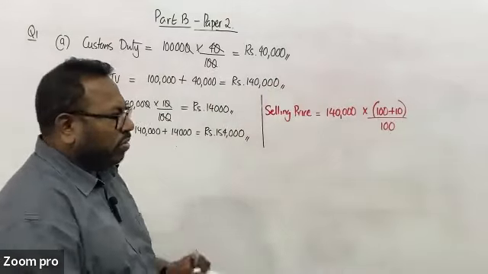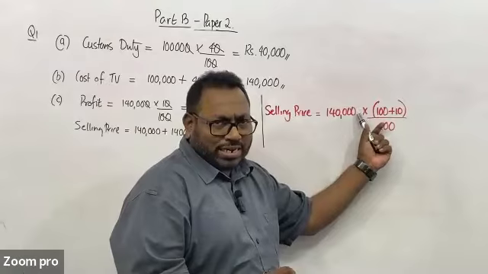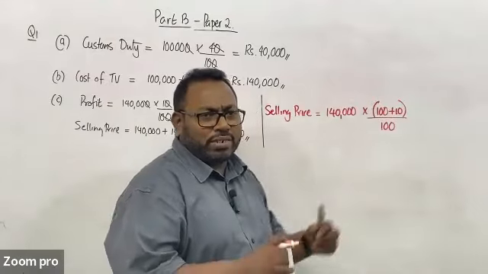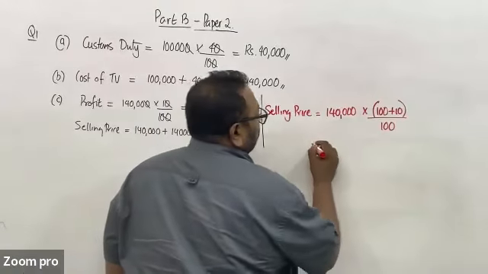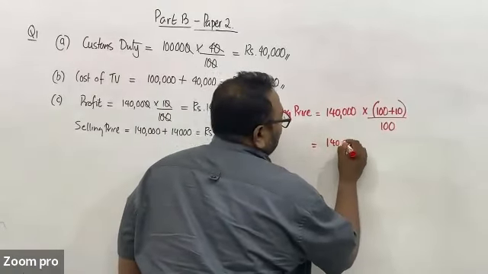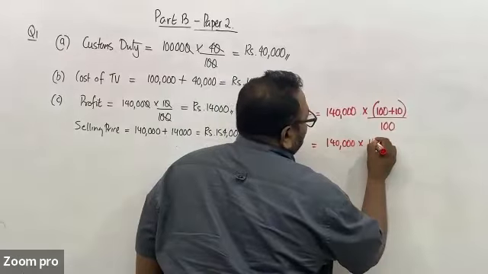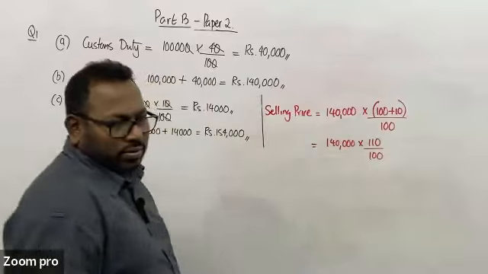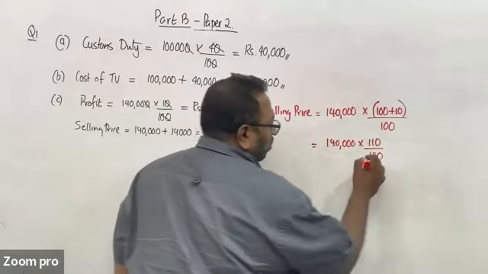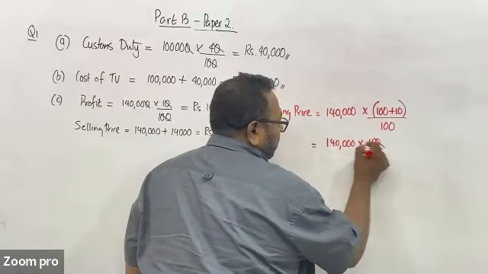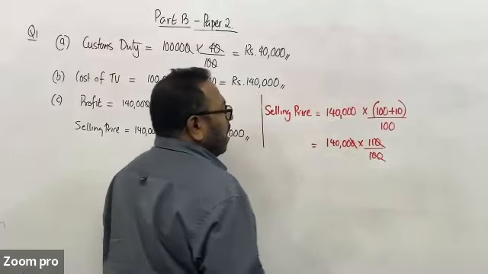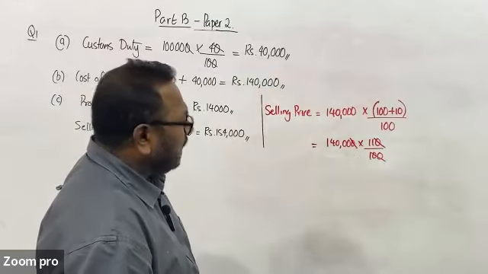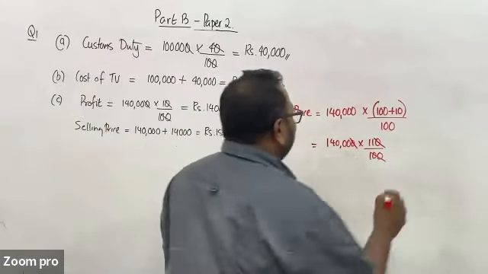Okay. So your cost is 100. You're adding 10%, which is your profit margin, to that. So 140,000 into 110 over 100. Okay. Two zeros cancel, one zero cancels. 14,000 multiplied by 11.